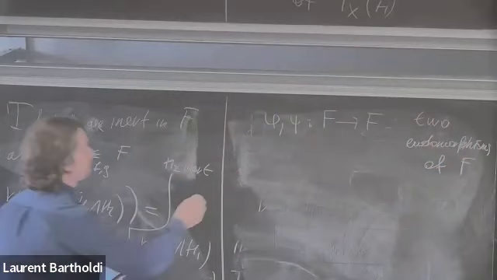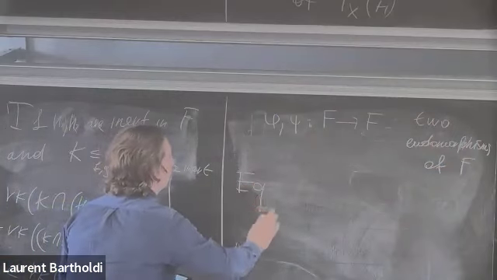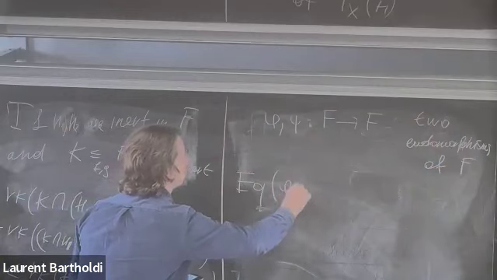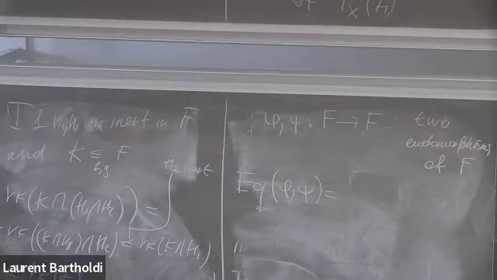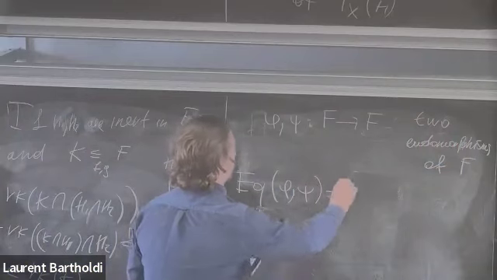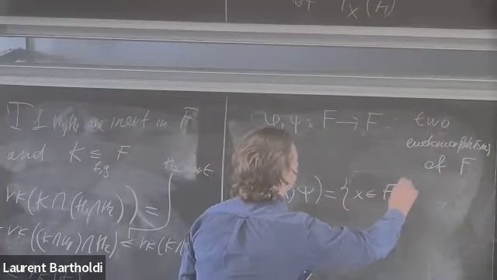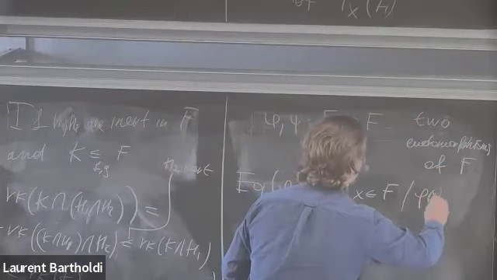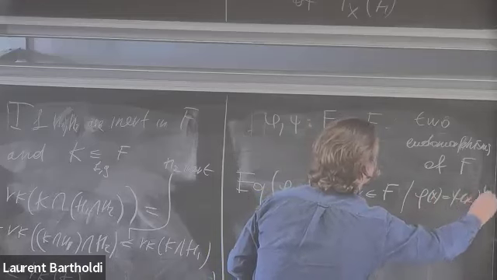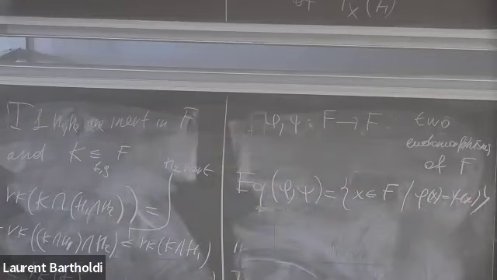So we can associate with these endomorphisms a subgroup, which is called the equalizer. The definition is the set of points of F on which the two endomorphisms agree.